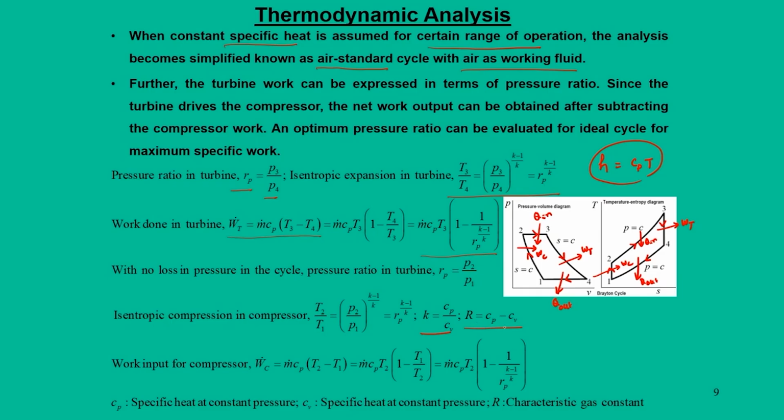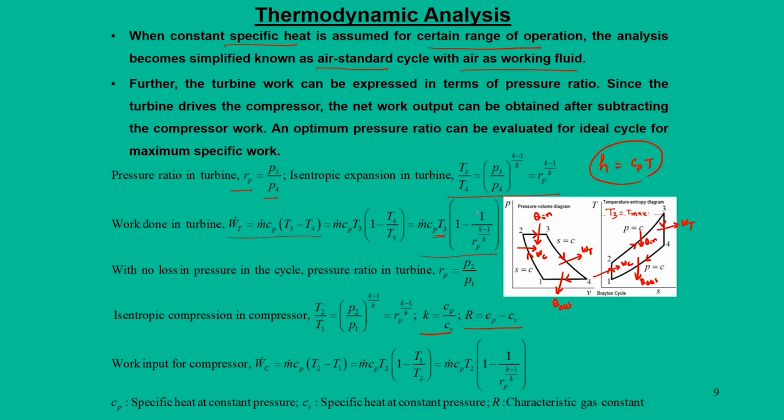But one thing I need to emphasize here is that the power developed by the turbine depends on the maximum cycle temperature. So, in this diagram, T3 is the T max. The higher you go in maximum temperature, the higher the power. And second, it also depends on the pressure ratio.